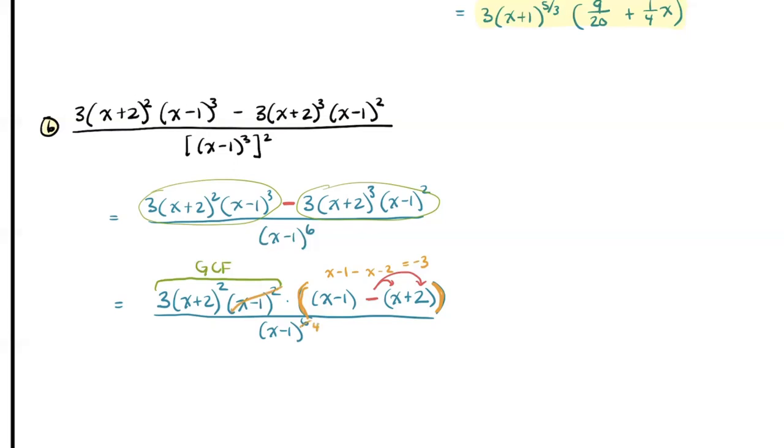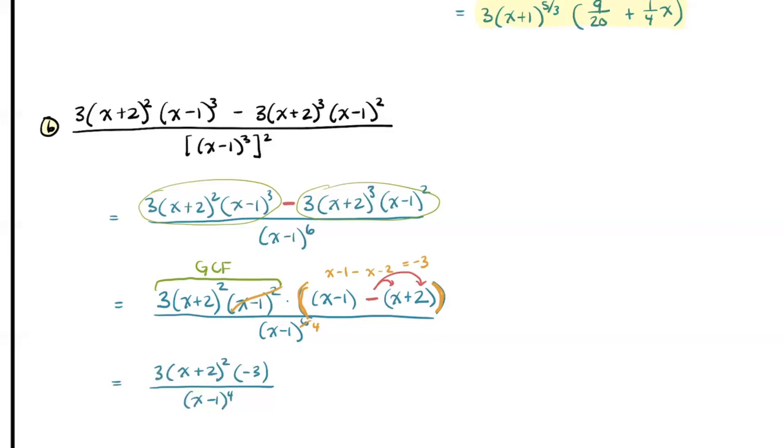That's really nice. That makes things work out pretty nicely. So what do we have? 3 times x plus 2 squared, and then in the orange parentheses, we had negative 3. And then in the bottom, we have x minus 1 to the fourth.